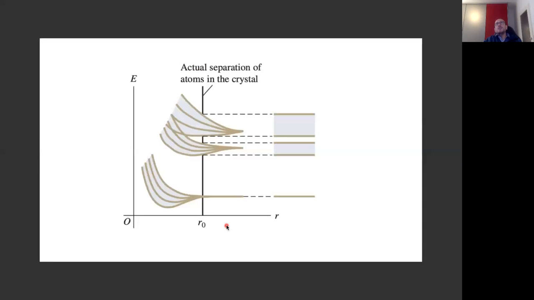You need a filament inside the tube, when the displays were not flat, and you put enough energy into that filament so the electrons come out of it, and those are accelerated and hit different spots on the screen and produce these nice images that we used to see.